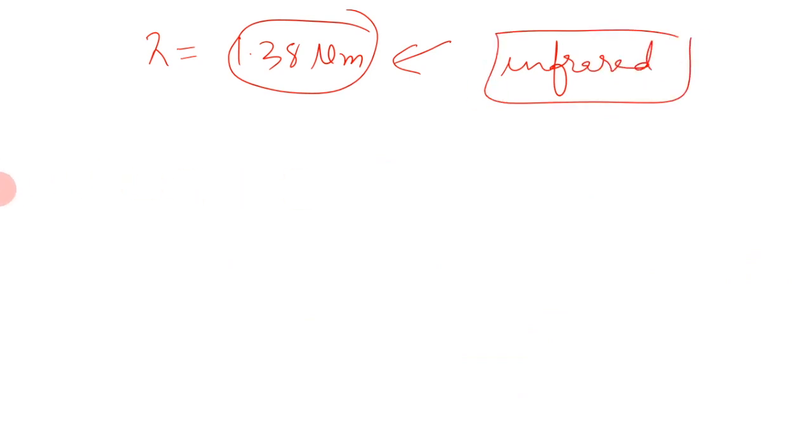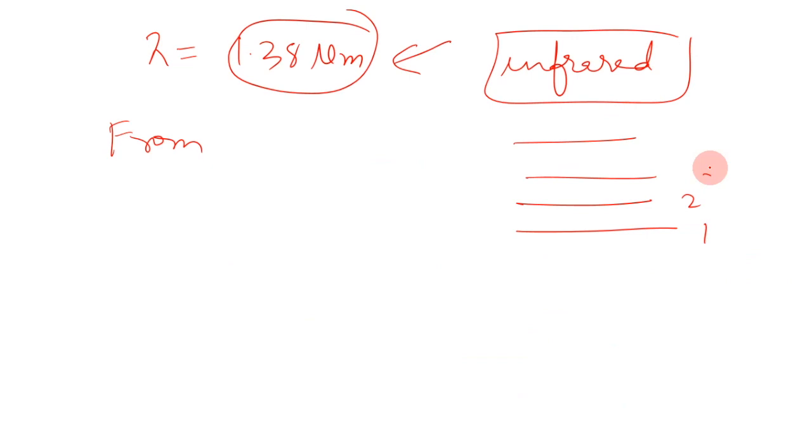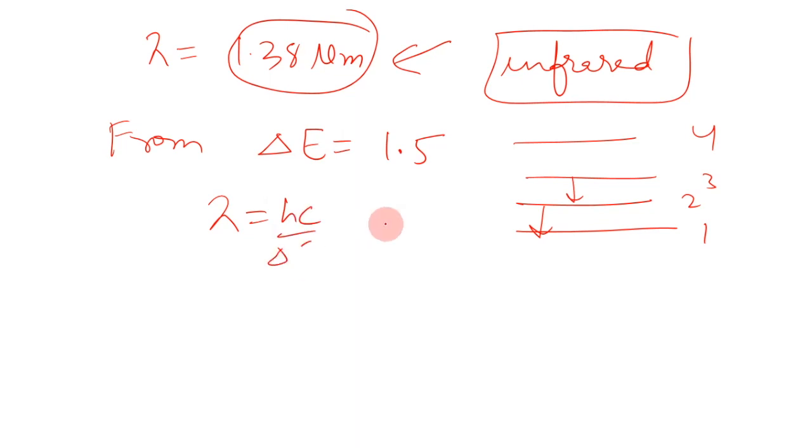Similarly, if we calculate from 3 to 2, our delta E will be equal to 1.5 electron volt, and when you apply the same formula, you get 827 nanometer, which is in the infrared region.